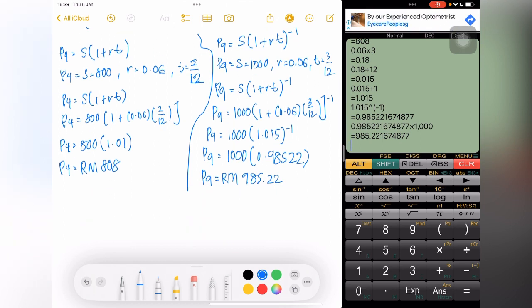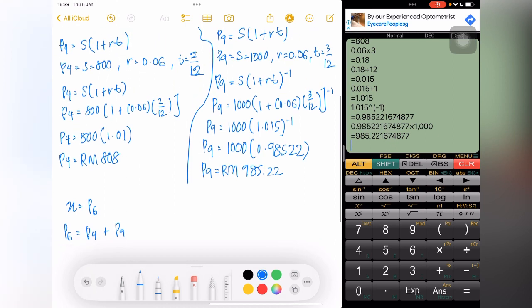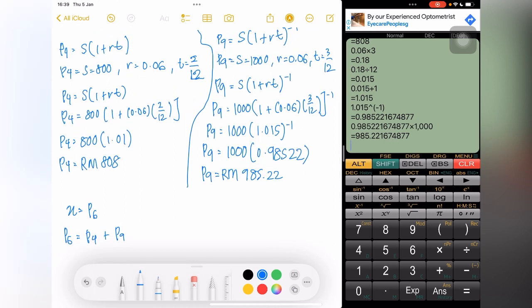So sekarang kita nak cari X. X ialah P6. So kalau nak cari P6, P4 campur P9. Alright. So P6 kita tak tahu. So P4 kita berapa?